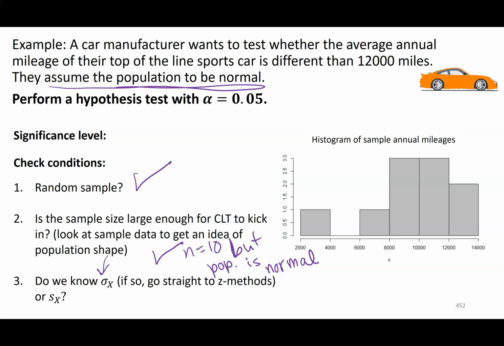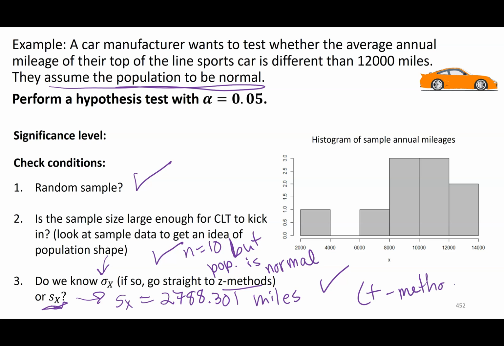If you do, go straight to Z methods. Those are preferred. If we don't, if we have the sample standard deviation, 2,788.301 miles, then we can use T methods. So we're going to use T methods. The giveaway this week is that we're pretty much sticking to T methods.